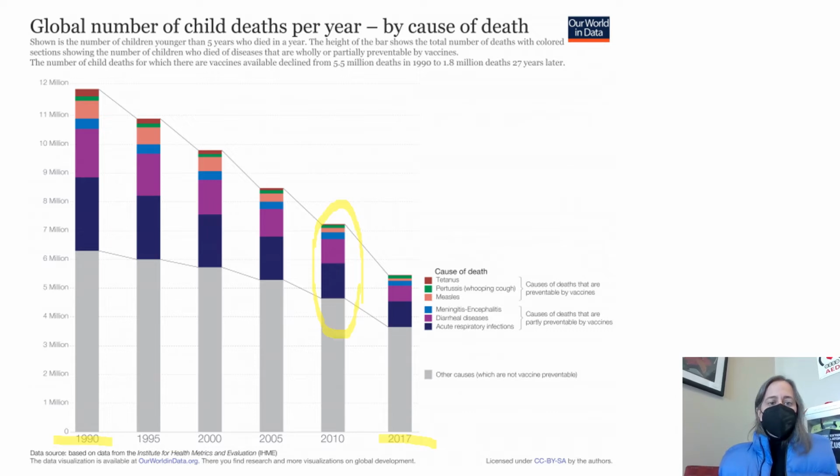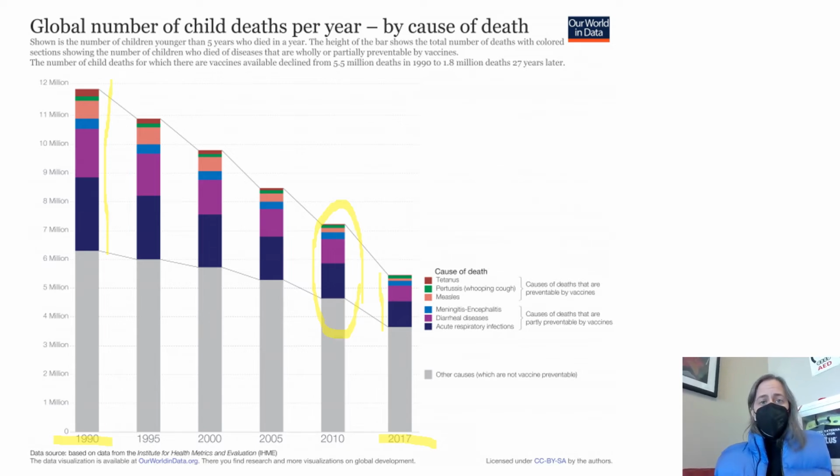And so what's really lovely is that although certainly we've seen a decrease in other causes of death, the gray bars, we have seen a profound decrease in, look at the size of this, right? Now to the size of this. So vaccination campaigns globally around the world, especially for children, have made huge improvements in childhood mortality. This is a huge success story.